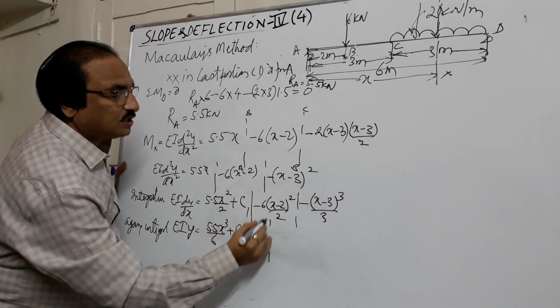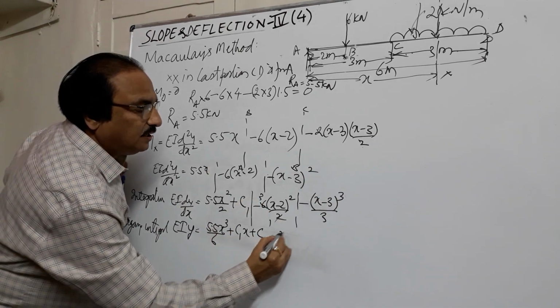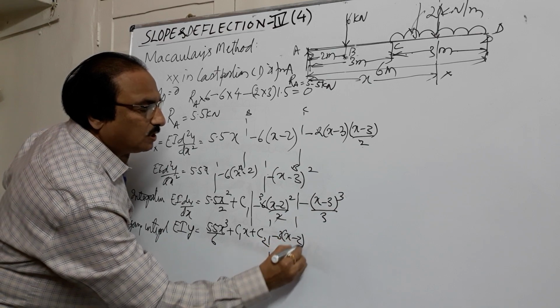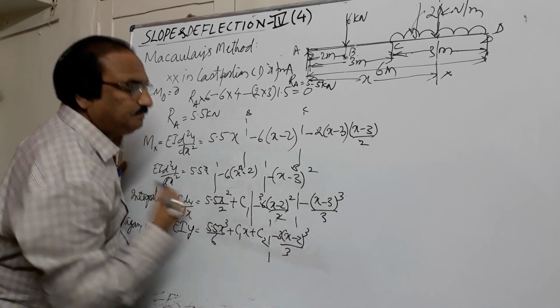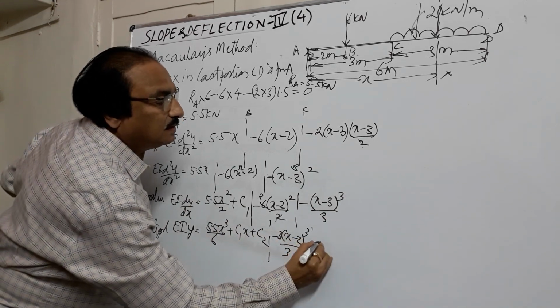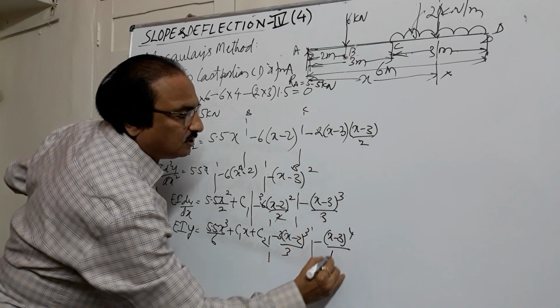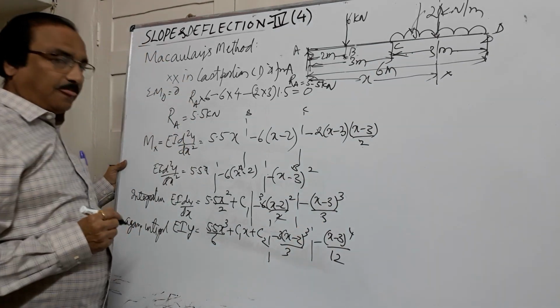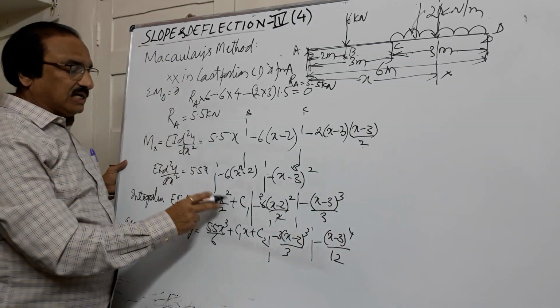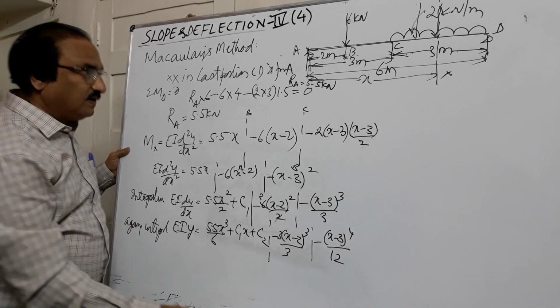Then integration of this will be minus 3 into x minus 2 raised to 3 by 3, minus x minus 3 raised to 4 divided by 4 is 12. Now if I find out c1 and c2, you will get the slope equation and the deflection equation.